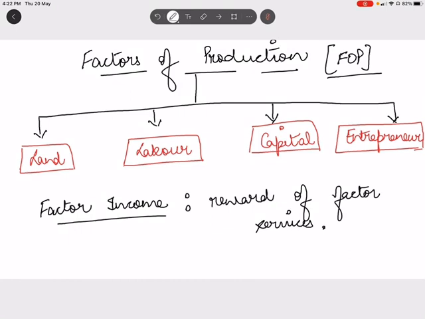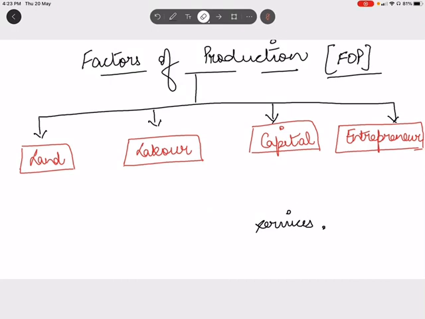But want to be noted, those laborers are not working free for me. I need to pay them their reward, and their reward is nothing but their wages and salary. That means I am paying the wages and salary for their contribution. Similarly, for the land on which my factory has been established, I need to pay rent every month to my landlord. So each and every factor of production is getting a reward. This reward is nothing but the factor income. So factor income is the reward of factor services for contributing their work.